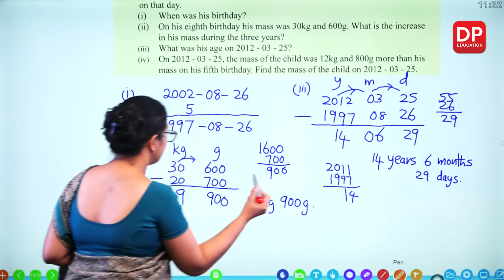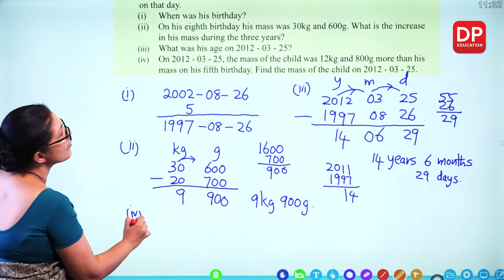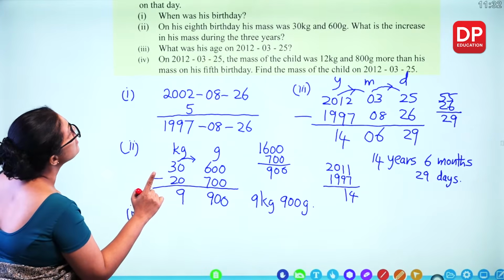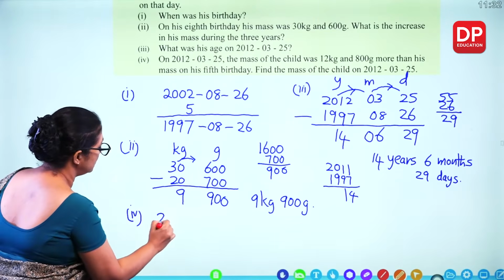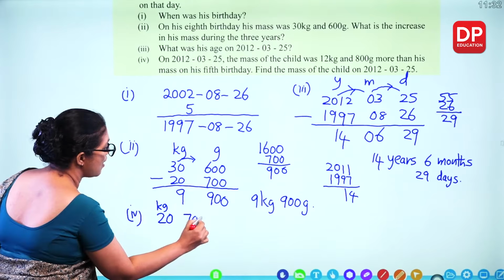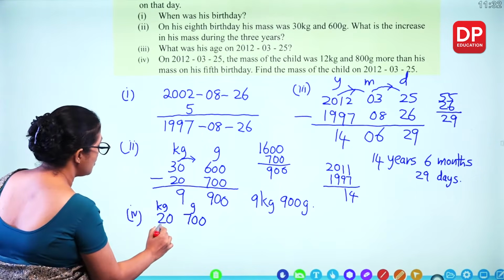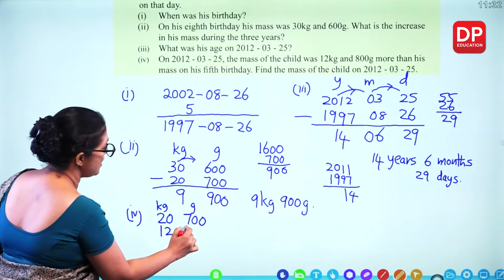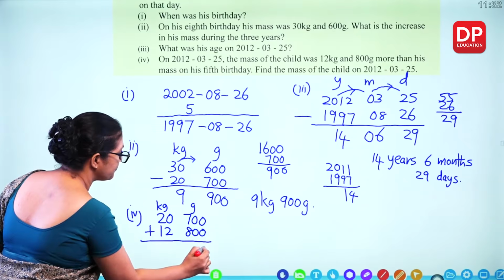So we'll take the 4th part here. 20 kilos and 700 grams was there. And then it increased by 12 kilos and 800 grams. Add together.